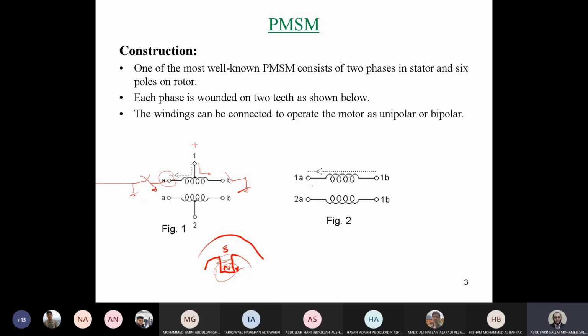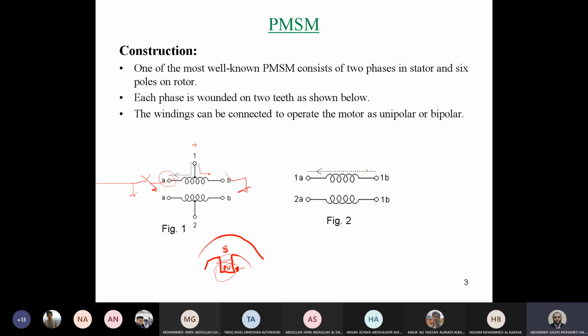So the tooth at the end 1A can receive current, or the current will leave this point, which means the polarity of current or flux will now be variable. It will not be constant, or one flux or one polarity. So we can operate the tooth 1A with two polarities now. So we call this type bipolar.